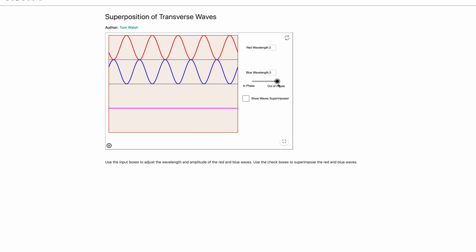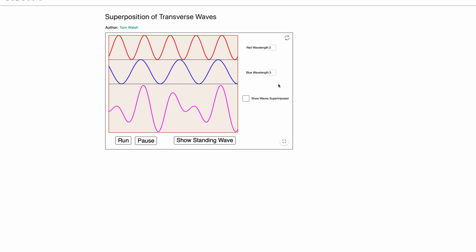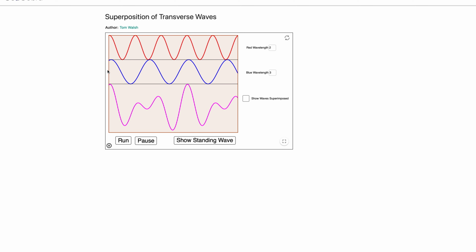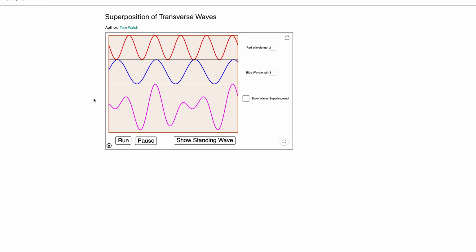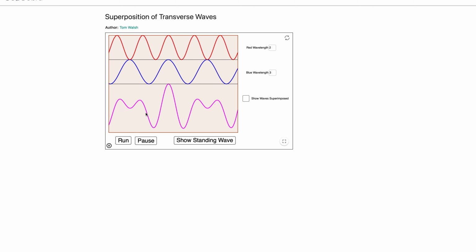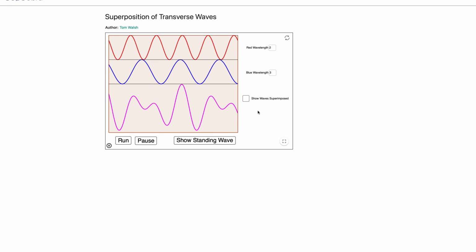If we wanted to look at differing wavelengths, but also more importantly in this case, two waves traveling in opposite directions. So in this case, if I were to run the red wavelength to the left and the blue one to the right, you'll notice that when I add them together, I get a very complex waveform here.